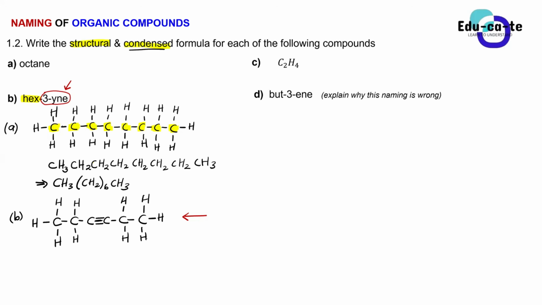Then the condensed formula is stated quickly. Yes, Sam. It's going to be CH3, CH2, C, C, CH2, CH3.